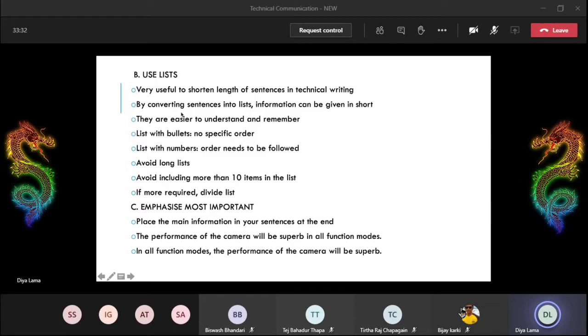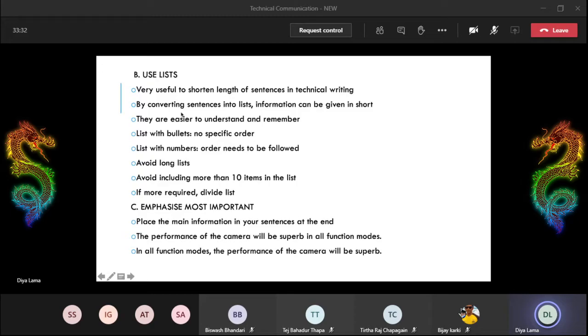Obviously, when your document is short, when your document has lists, then it's easier to understand and, more importantly, it is easier to remember. Suppose when you are going for exams, I will give you these slides, and then you read from them. While reading, you see the lists, right? So reading from a list is better to understand as well as remember than reading and remembering whole paragraphs.